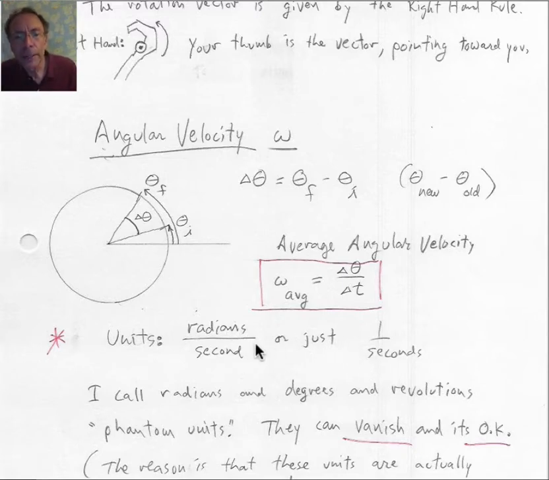Now here comes something really quite confusing and surprising. When you read a scientific journal, you're going to see things like, the thing was rotating at so many per second. Well, you see, the unit of radians is not really a solid unit. It's not like a kilogram where you can feel what a kilogram is. It's not like a meter.